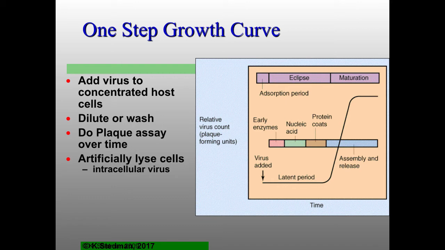Any way of actually detecting the number of virions produced is on the y-axis. The x-axis is just time. And that's going to vary from virus to virus, how long it takes between the infection, which is what happens here, and production of infectious virions right here.